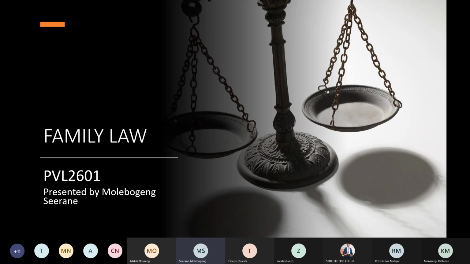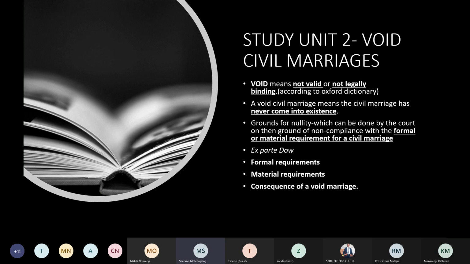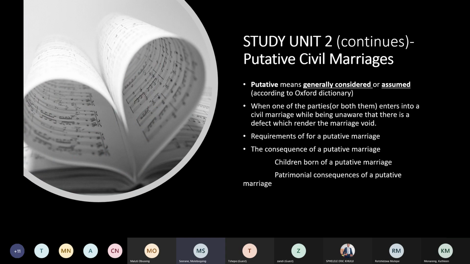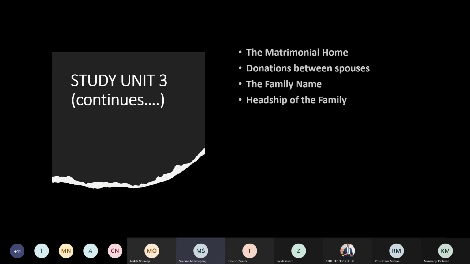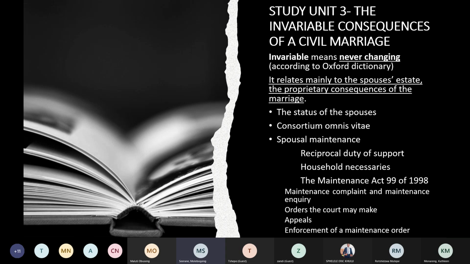Invariable relates mainly to personal consequences of a marriage. So we will be focusing on 7 invariable consequences of a civil marriage.